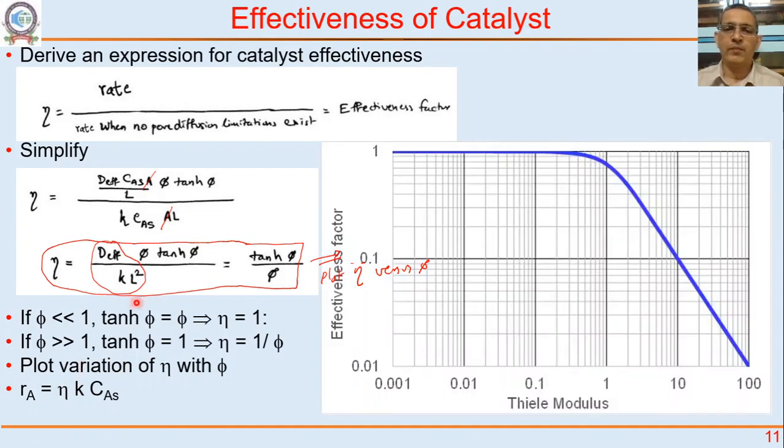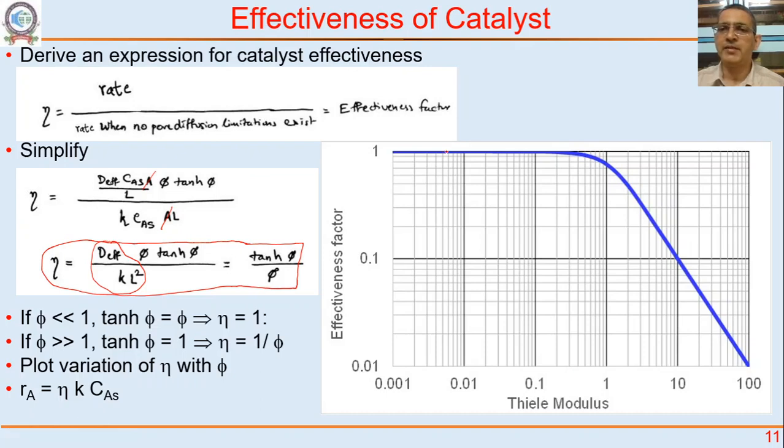Okay, this is how the plot would look like: effectiveness factor on the y-axis versus Thiele modulus phi. This is how it will look like.